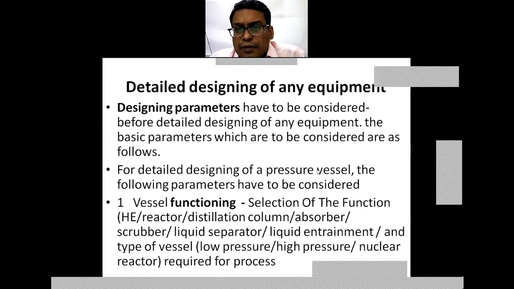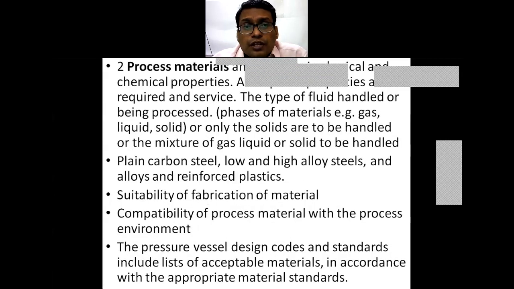These basic design parameters are: number one, the vessel functioning. The function is whether I'm using it for a reactor, heat exchanger, distillation column, absorber, scrubber, liquid separator, liquid entrainment, whether it's a high pressure vessel, low pressure vessel, nuclear reactor, all these are the different functions. The next is the process material.